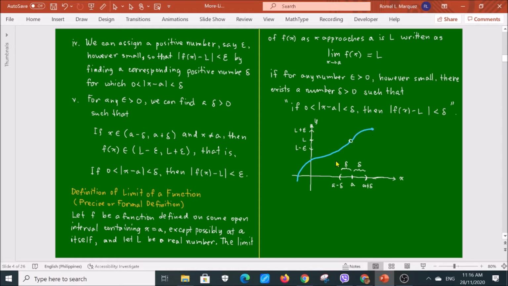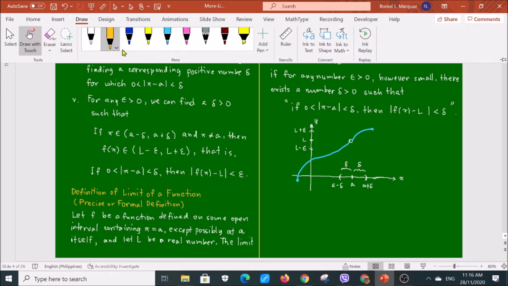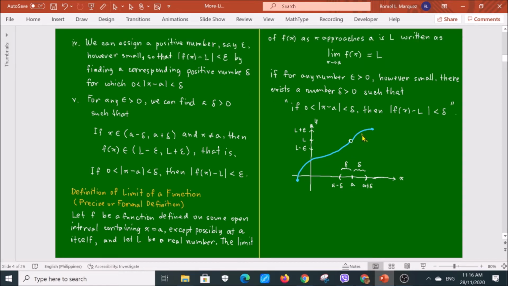Let's say this is my function. That's y equals f of x. So the challenge in that formal definition is that if the limit of f of x as x approaches a is equal to L, no?